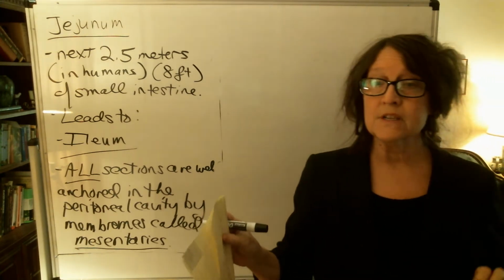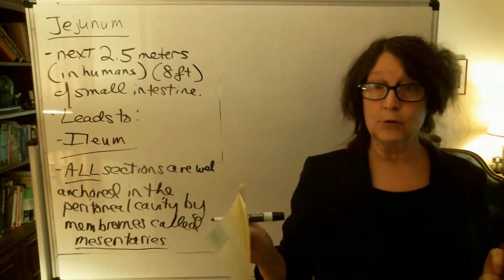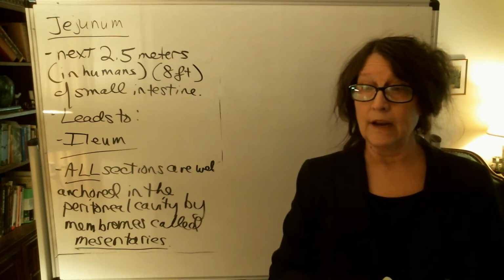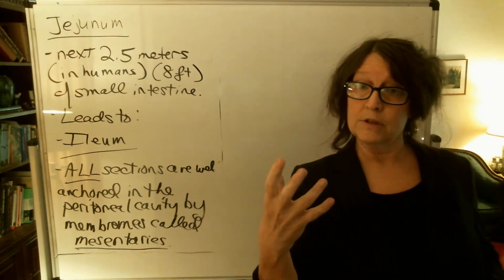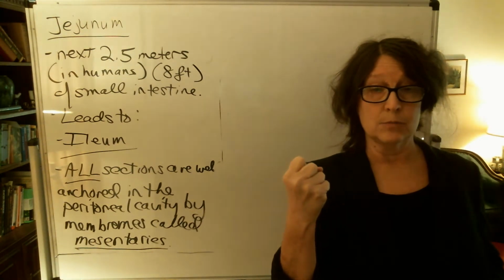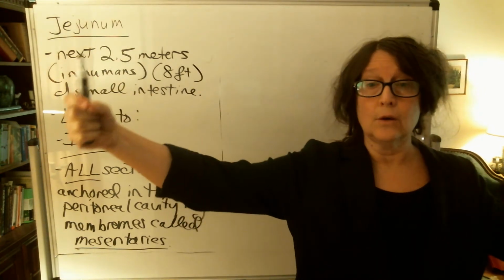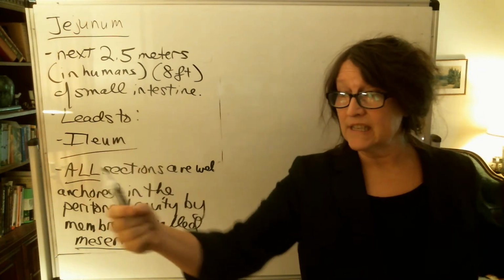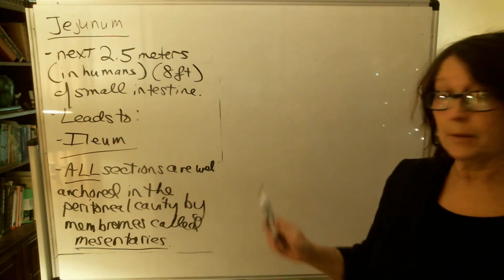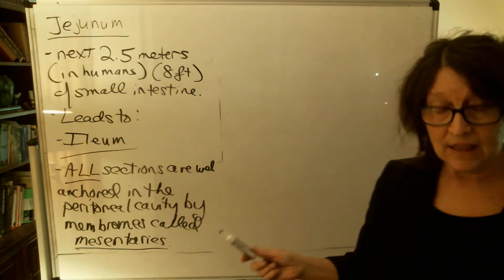So mesenteries are clear membranes. If you dissected a frog in high school or anything like that, you may have noticed this membrane that was grabbing onto the small intestine. A lot of people just kind of pull it apart in order to see the whole length of the small intestine. But those membranes are incredibly important. Those are the mesenteries.